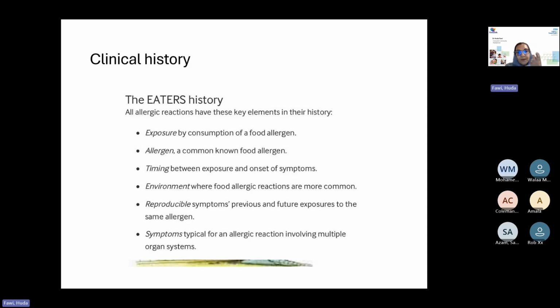So usually it's either urticaria, so nettle rash on the body. There will be lip swelling, there may be abdominal pain, there may be vomiting, as well as diarrhea. In some severe cases, as anaphylaxis, it does affect the airway and the circulation. So the eater's history, I remember that: the exposure, the allergen, the timing, the environment, how reproducible the symptoms are, and what are the symptoms.